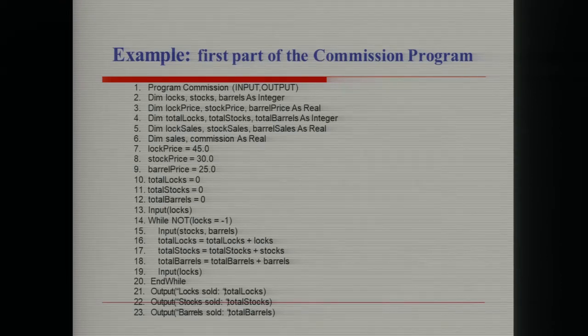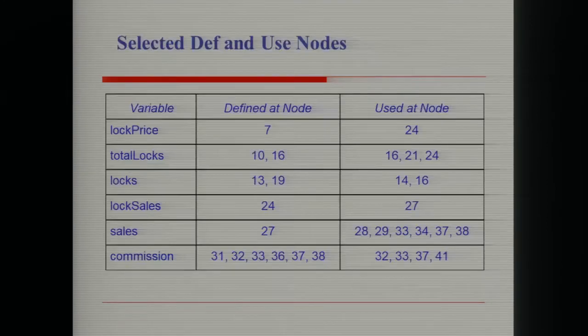Similarly, 30 is assigned to stock price in the statement number 8, so it is A def. Okay, and then again the 25 is assigned to barrel price. So these are basically defined by assignments. Okay. Similarly, we will have 3 more definitions here, that is the total logs, total stocks and total barrel through assignment. Okay. And then there is the logs which is through input. Okay, so all these will be part of it.